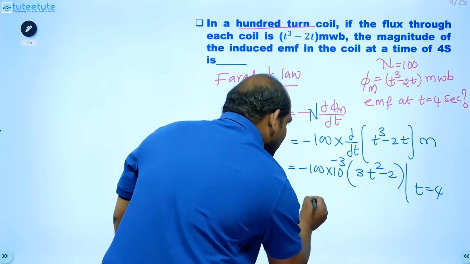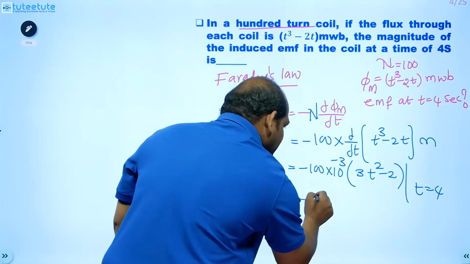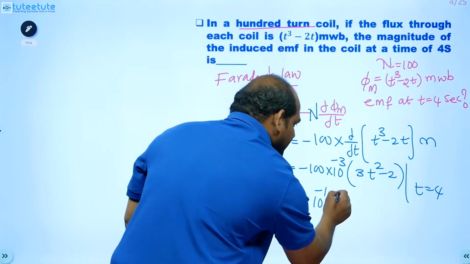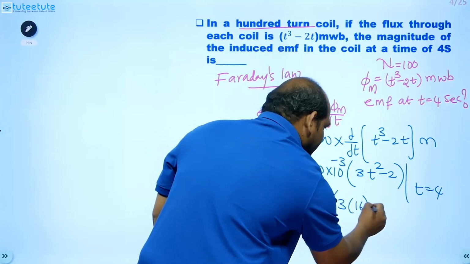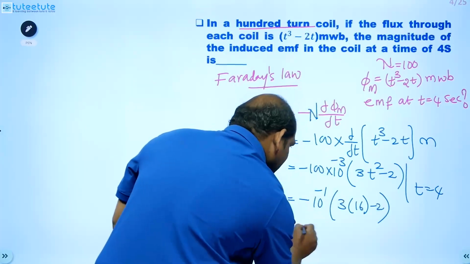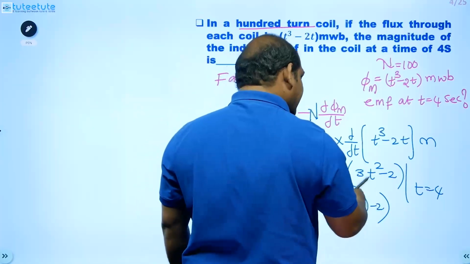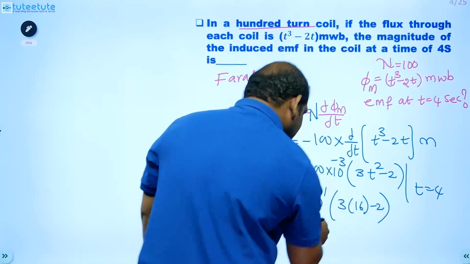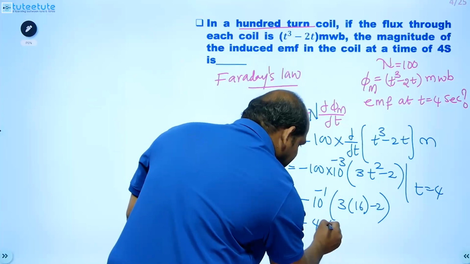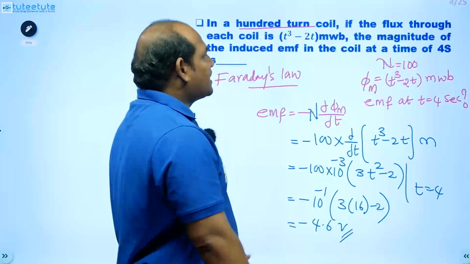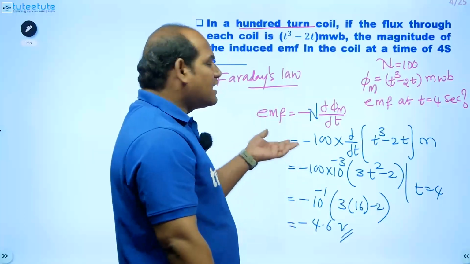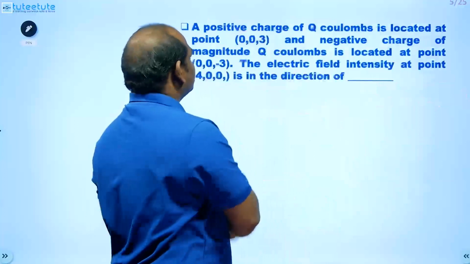It is equal to minus 10 power minus 1 times 3 into 4 square, which is 16, minus 2. How much do we get here? It is 48 minus 2, 46, so here we get 4.6 volts. In this way we can solve. If you know Faraday's law, we can solve this easily.